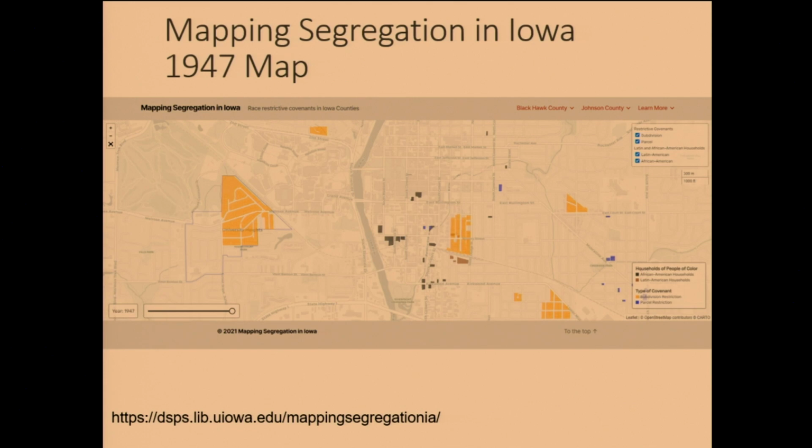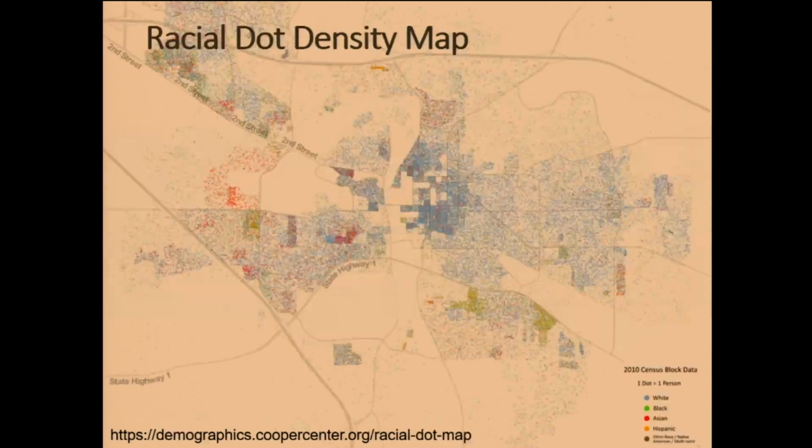And then this is the map from 1947. The yellow areas here are land that had restrictive covenants in place that excluded people of color. So you can see a portion of this is in University Heights. The area to the east of the river there is the Longfellow area on Summit Street.